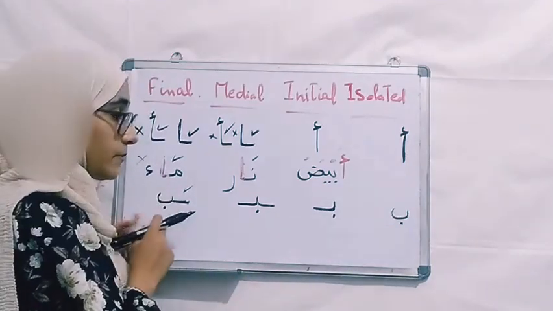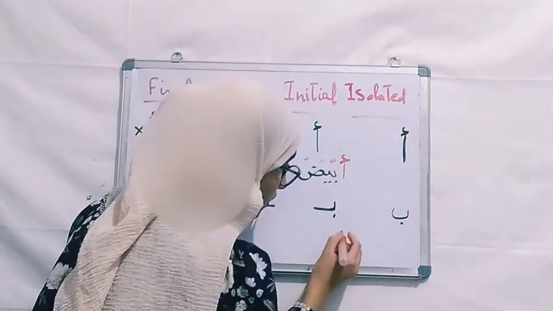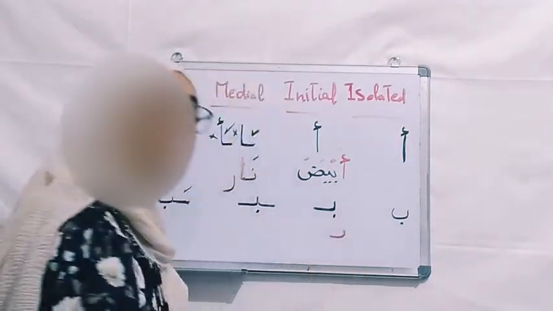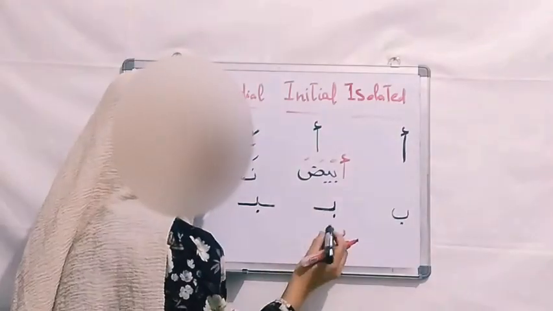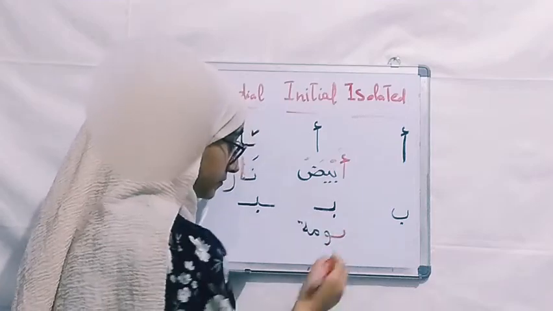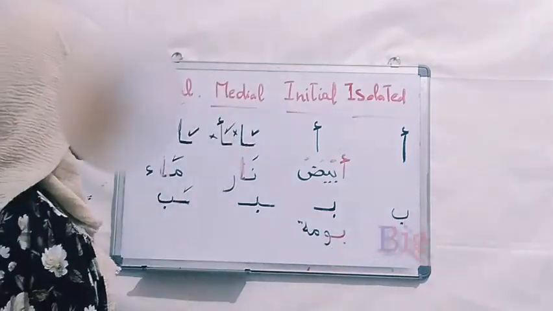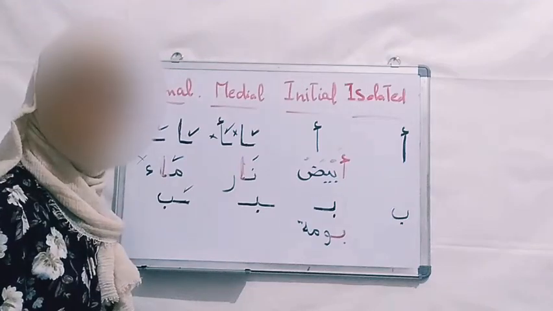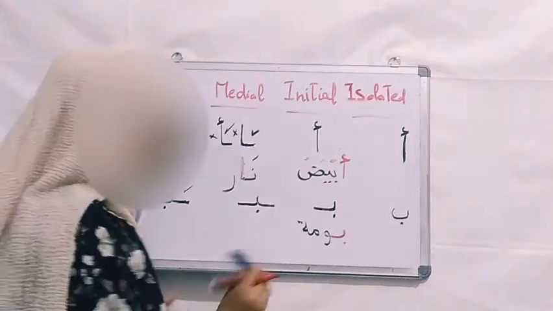So let's give an example. For example, in the initial form, we have Buma. Buma means owl. In the middle form, we have Kabir. Kabir means big.